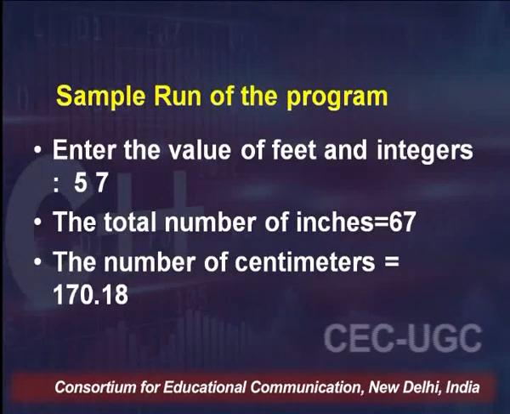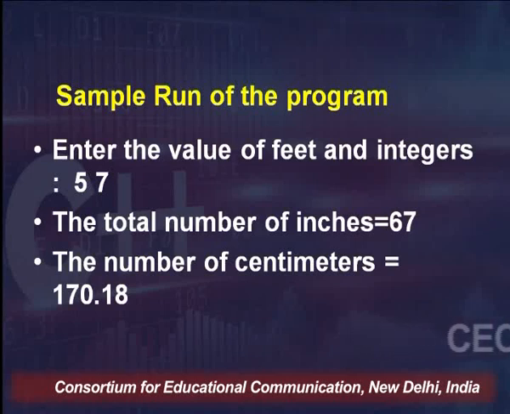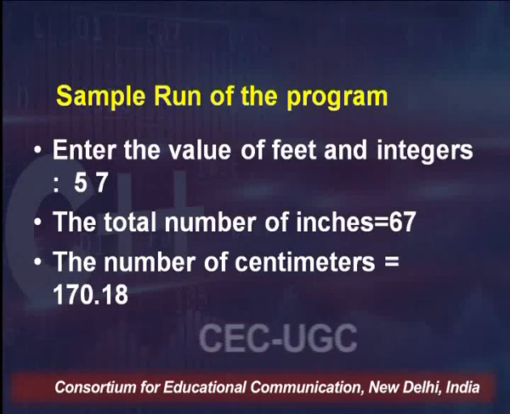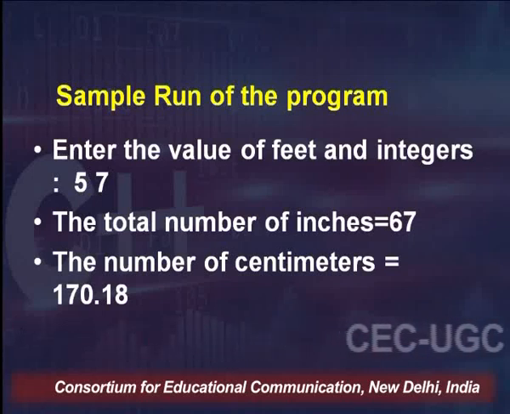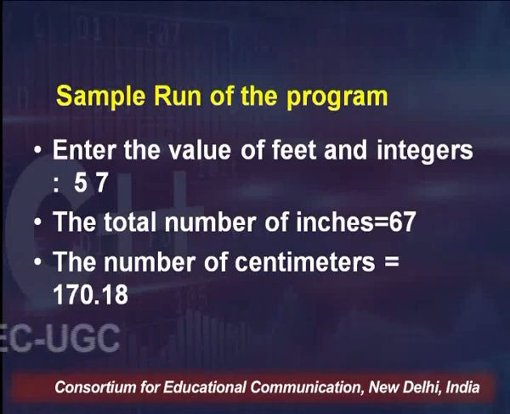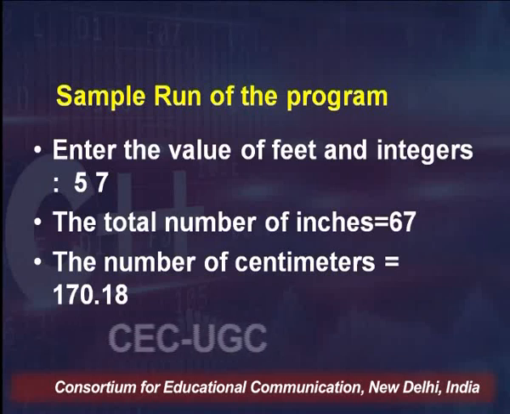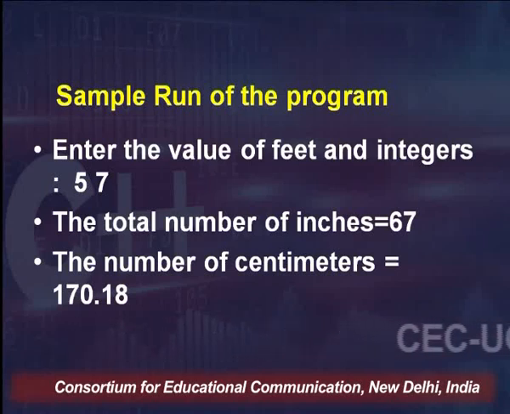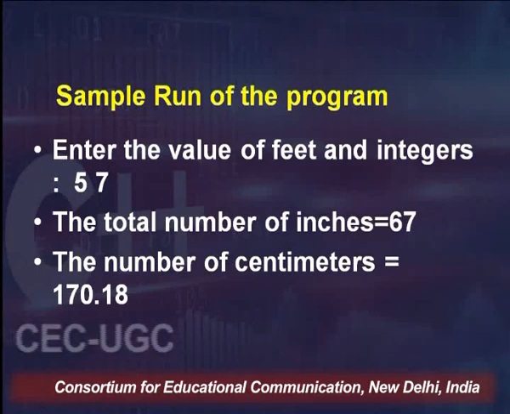Now let's see a sample run of the program. Whenever we run this program, depending upon what kind of interface or compiler you are using, the command for running the program might differ. It says enter the value of feet and inches, and the cursor stops for the user to give input.